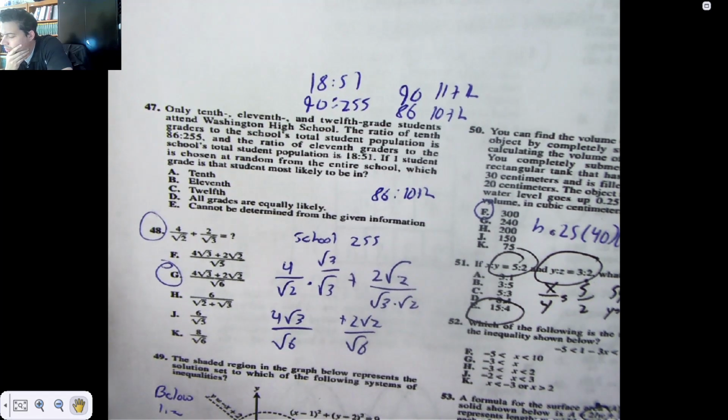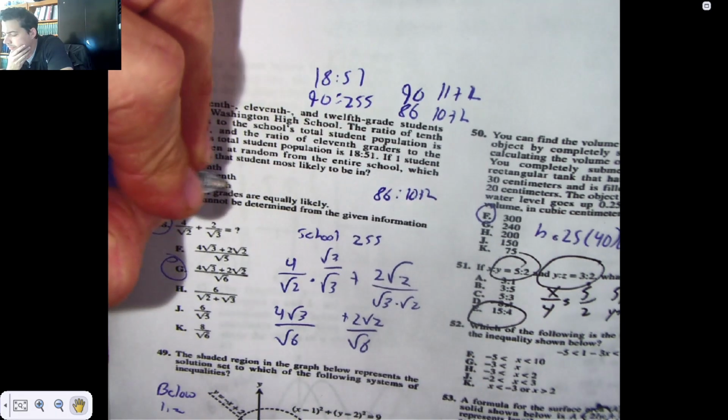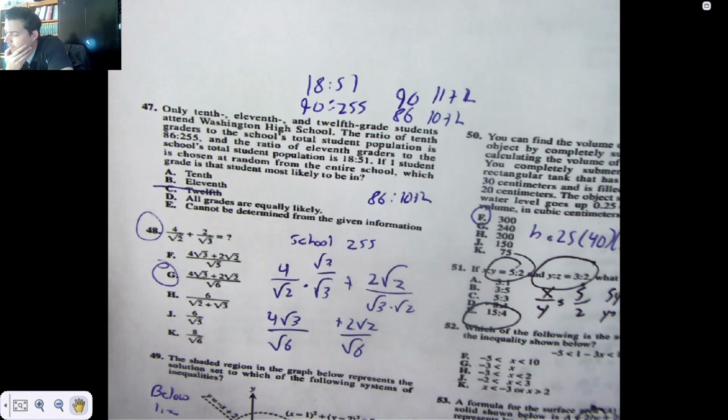If one student is chosen at random, which grade is that student most likely to be in? 10th, 11th, and 12th. Well, the odds of being 12th are slim to none. I say that because there's fewer 12th graders than anything on any given year.